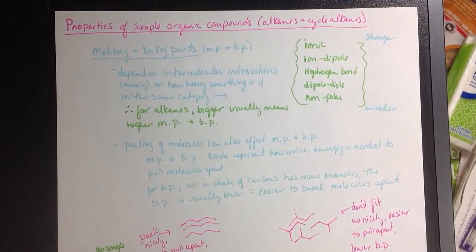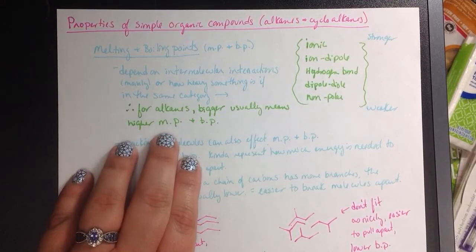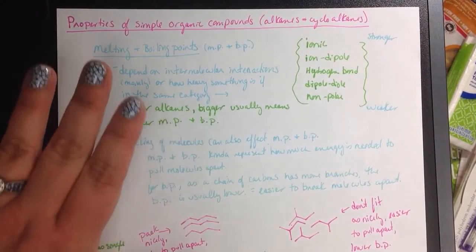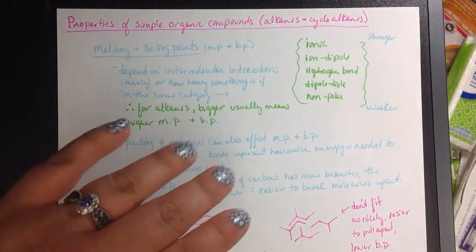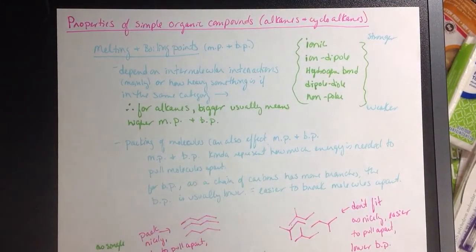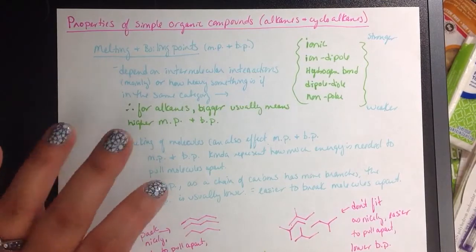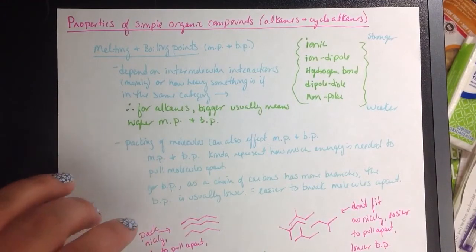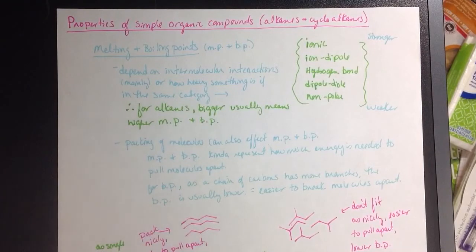So, if it's bigger, then it's going to have a higher melting point and a higher boiling point. Think of this as if bigger things take more energy to get moving faster. Because when things melt, they go from being solid, everybody packed in one little spot, to moving around more, right? Versus going from a liquid to a gas, that's your boiling point. You're going from flowing together to being completely disassociated from one another.